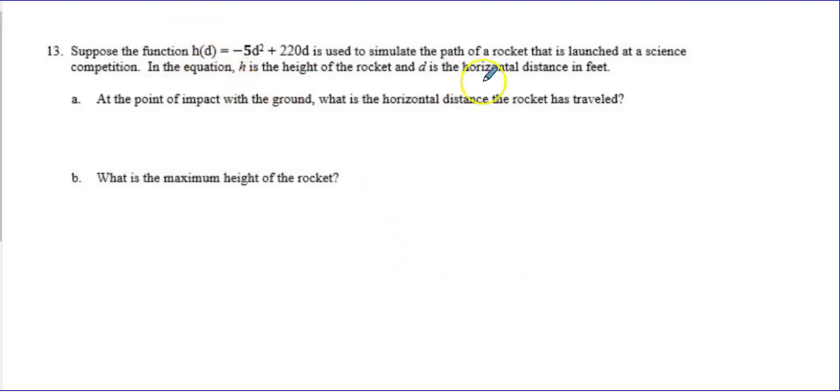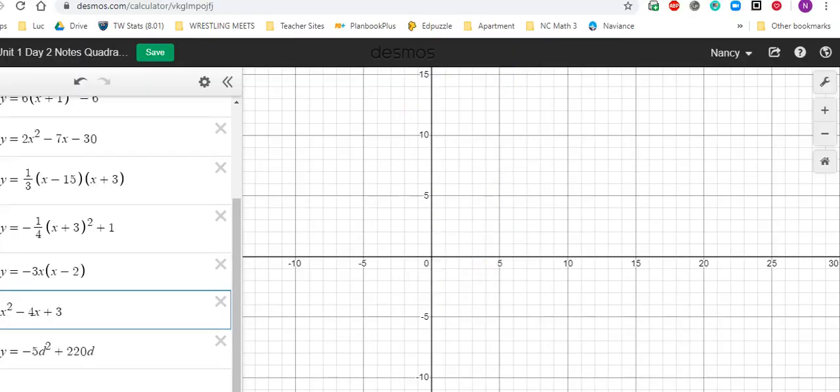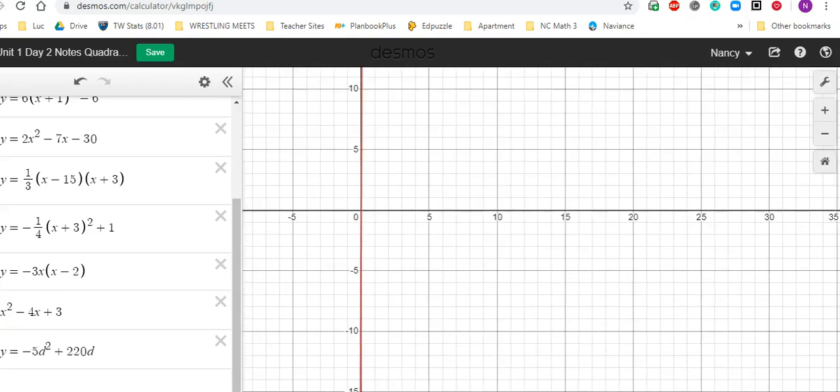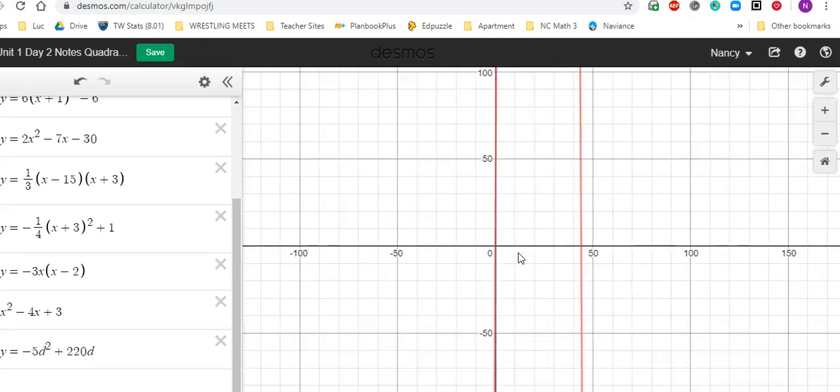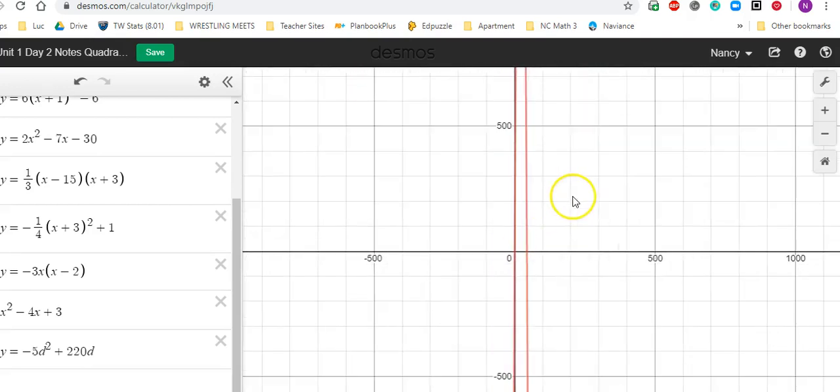It's a word problem about a rocket, and so this rocket takes off, and here's the parabola that it makes. It's really hard to see. What I wanted to show you though is that, see how long that is?